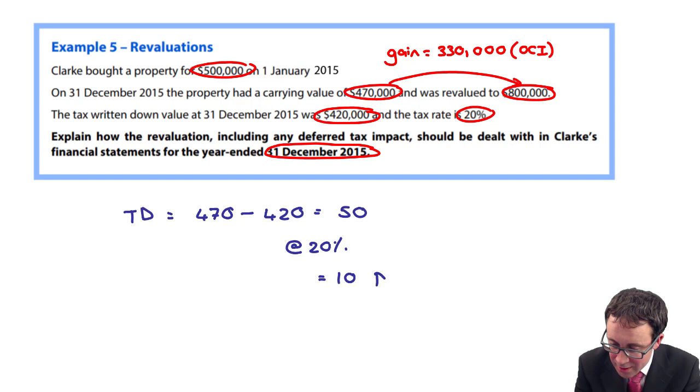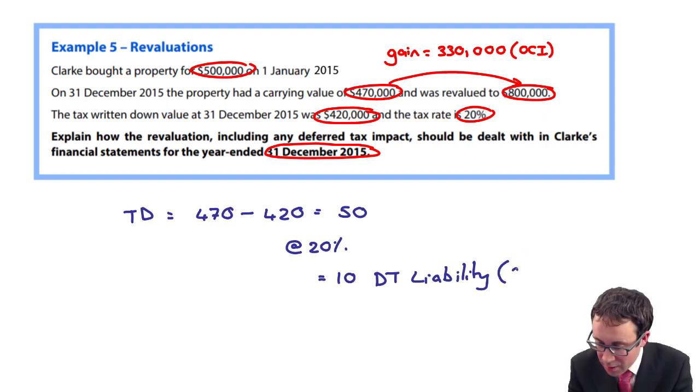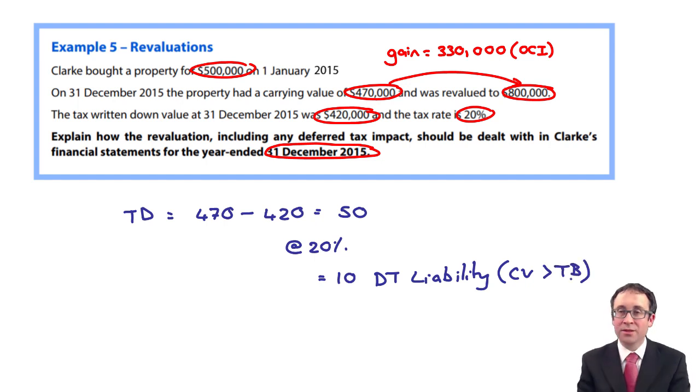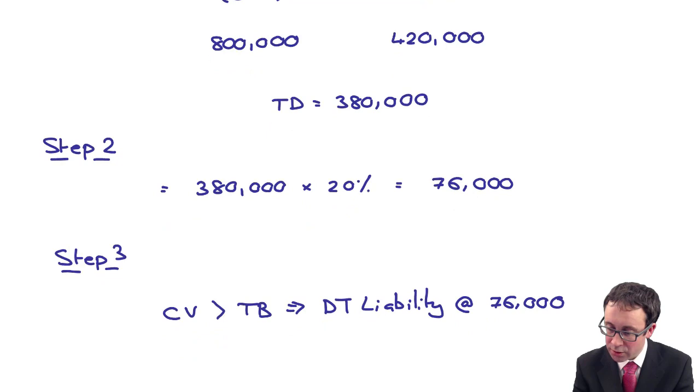That 10 is a deferred tax liability. Why is it a deferred tax liability? Because the carrying value is still greater than the tax base. It is an increase in your deferred tax liability as well, because that is an increase from 0 to 10. So I'd have credited my deferred tax liability and debited my statement of profit or loss.